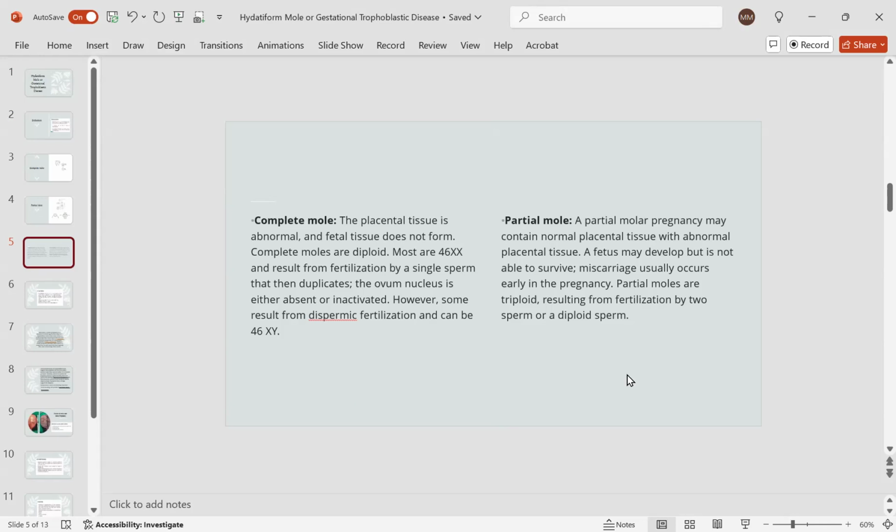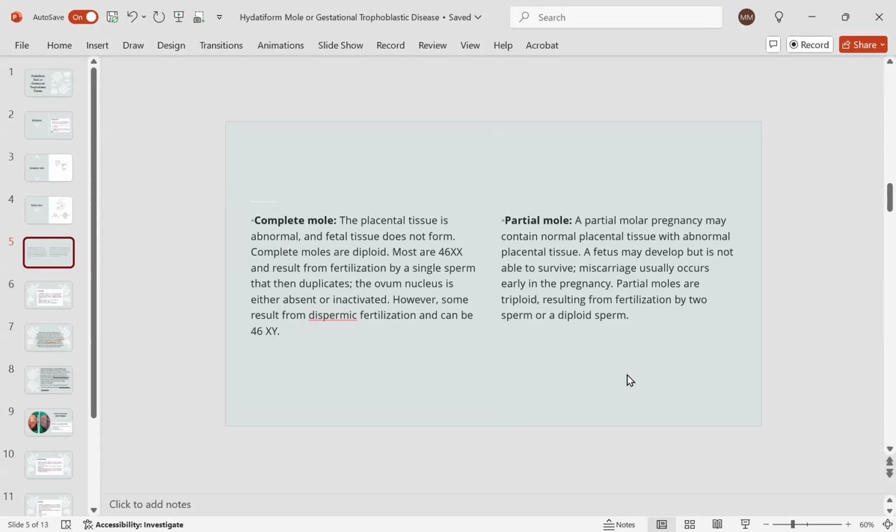A partial molar pregnancy sometimes has some normal placental tissue, but there's also abnormal tissue. So there may or may not be a fetus, but it's not going to make it, right? Usually that's the one that will miscarry early in pregnancy.